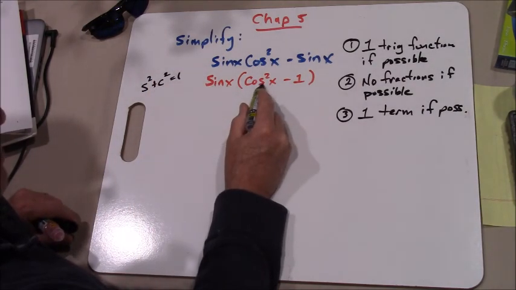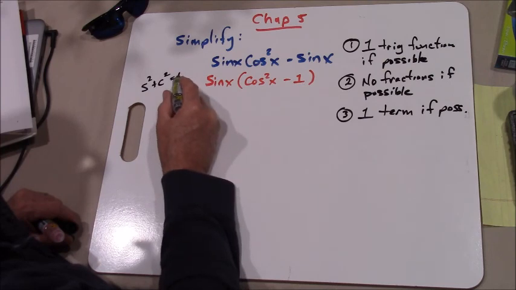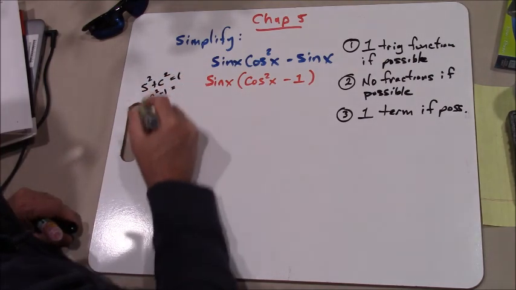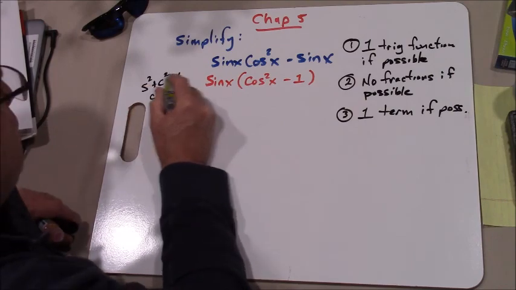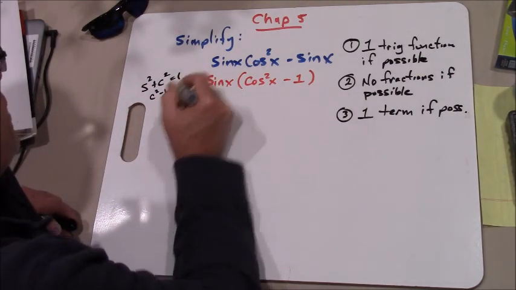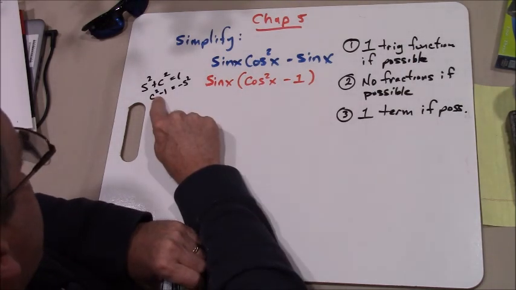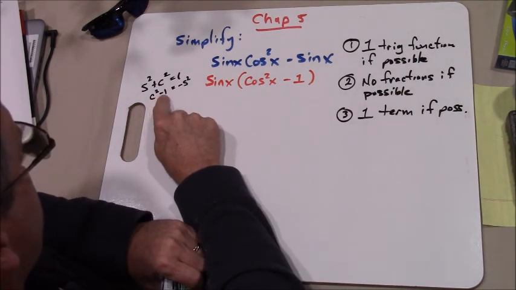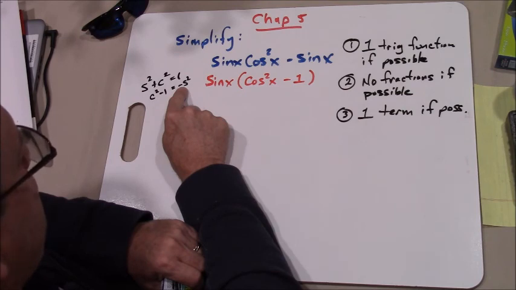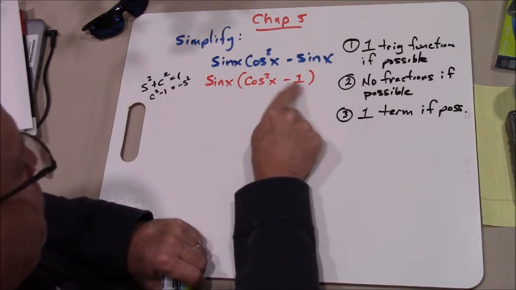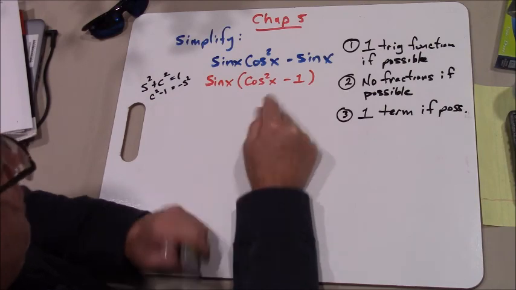If I've got a cosine squared of x minus 1, that means I need to move this 1 over to this side. It becomes the opposite. The sine squared will move over here and become the opposite. So what I see here is that a cosine squared minus 1 is really equal to a negative sine squared. Or a cosine squared of x minus 1 is equal to a negative sine squared of x.